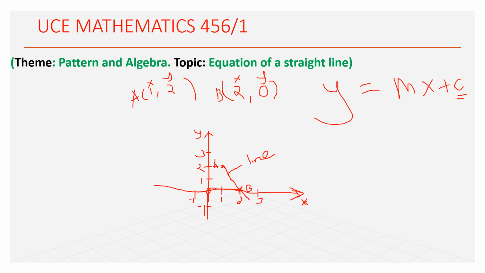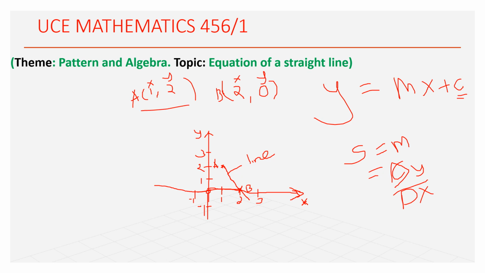The gradient is denoted by a small m, and it is defined by change in the y-axis over change in the x-axis. Now we look at the values taken as the coordinates for this particular line or any other line.